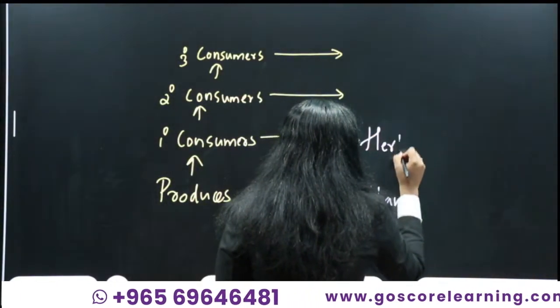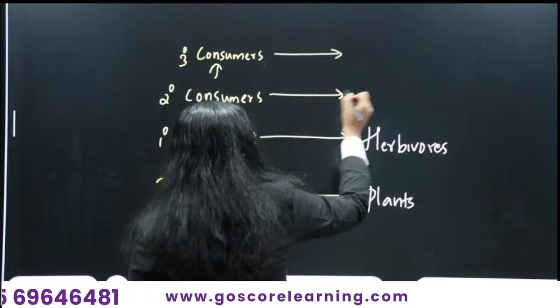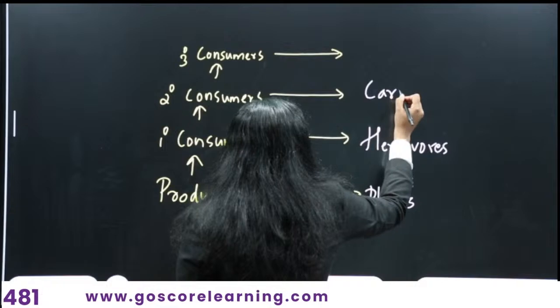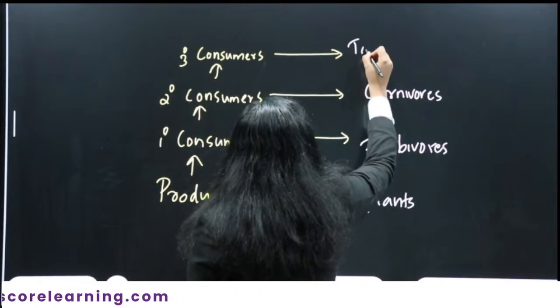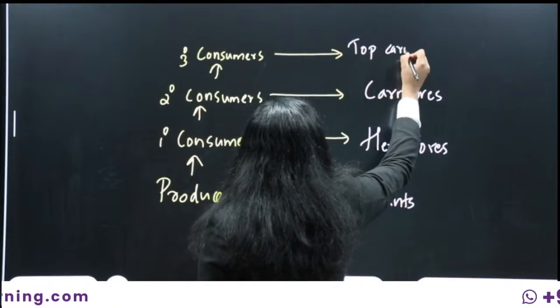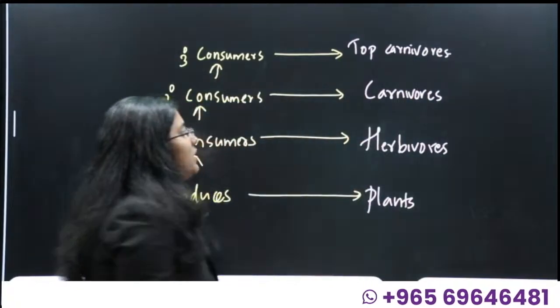Then next one, secondary consumers, they are carnivores, and here they are top carnivores. Here you have to apply the 10% energy rule also.